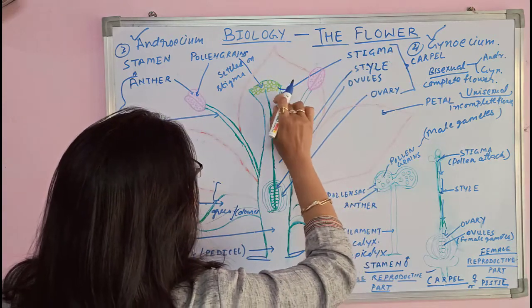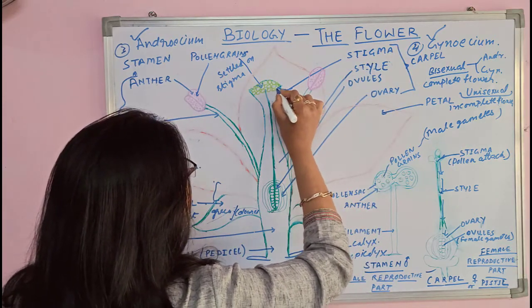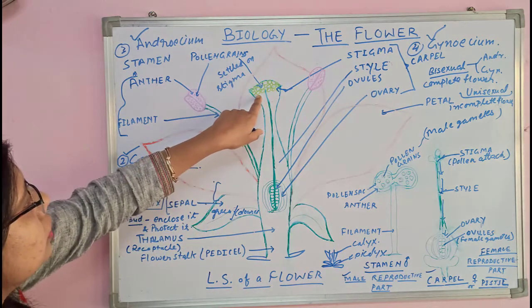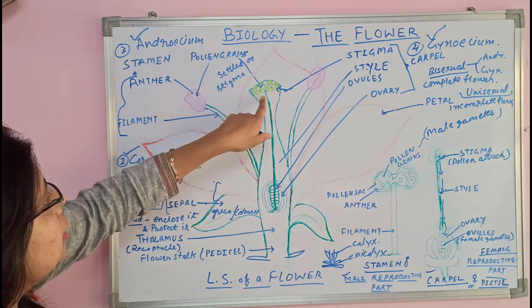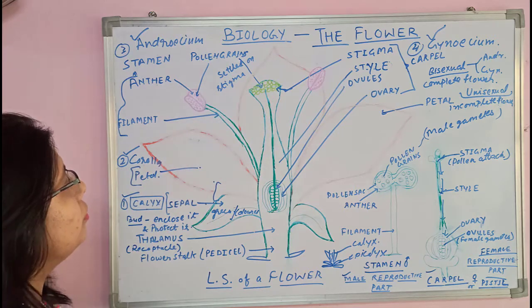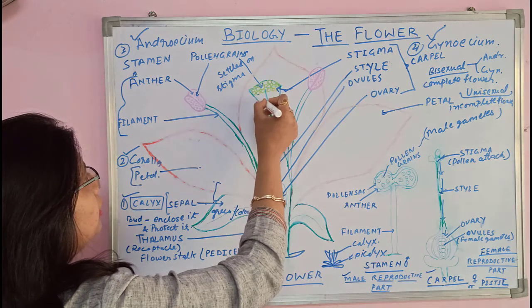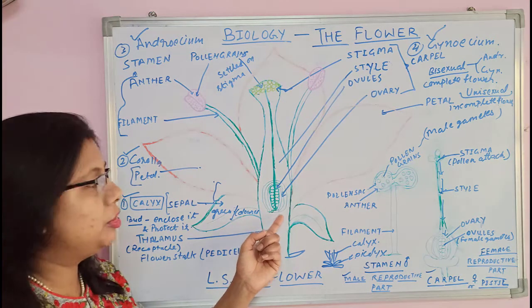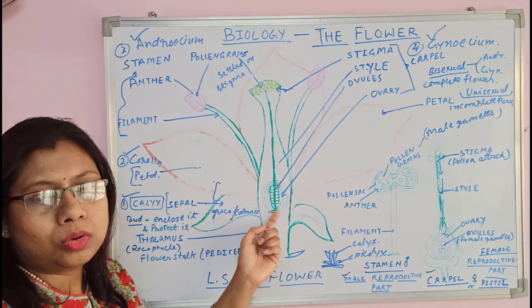Here it is the stigma. On the stigma, pollen grains are shown which are stuck on it. From there, the pollen reaches the ovary to fertilize the female gamete present in the ovary.